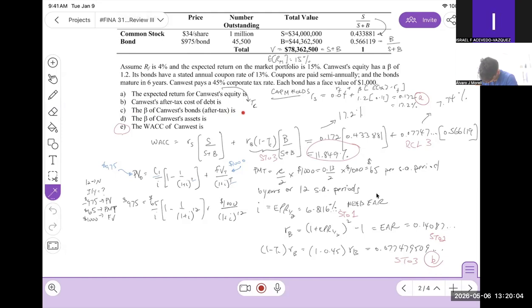C, the beta: I asked you for the beta of after-tax debt. So what you're going to do is use this value to get the beta using the capital asset pricing model. So this can be used for C. Or you can compute C.